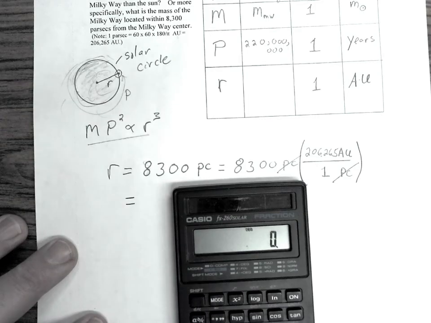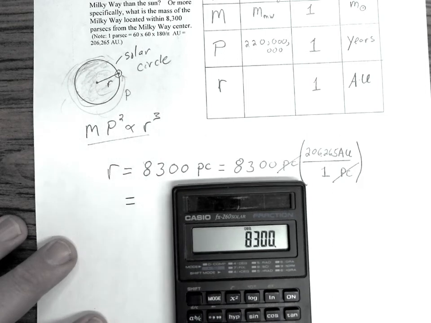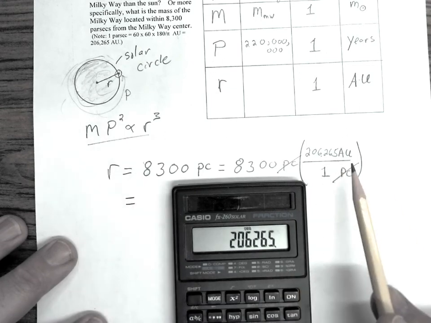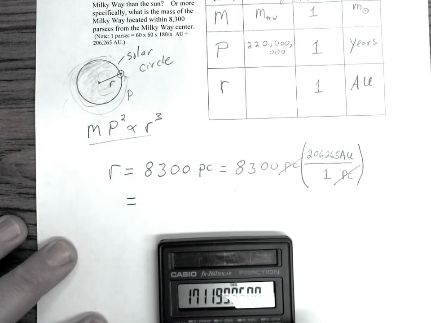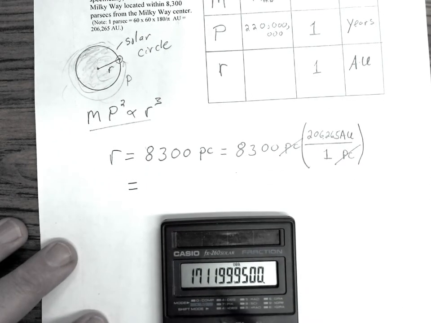So on our calculator, we will say 8,300 parsecs times 206,265 astronomical units per parsec, and that equals a very big number in astronomical units. That would represent the distance the Sun is from the center of the galaxy in astronomical units.